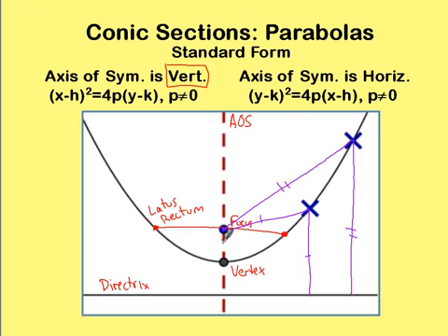One other thing, the distance from the focus to the vertex is p, and the distance from the vertex to the directrix is also p, and the distance from one endpoint of the latus rectum to the other endpoint, that entire distance, is 4p. So just keep those in mind as we graph.